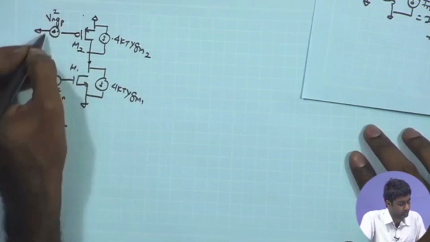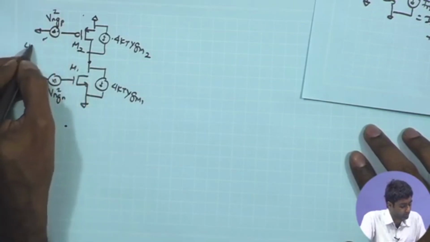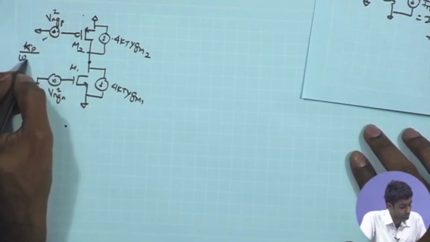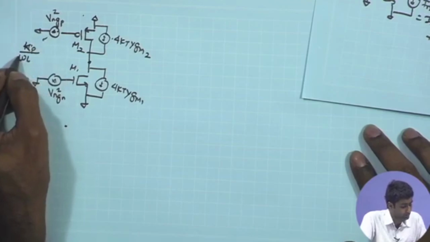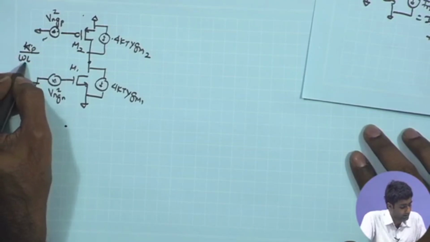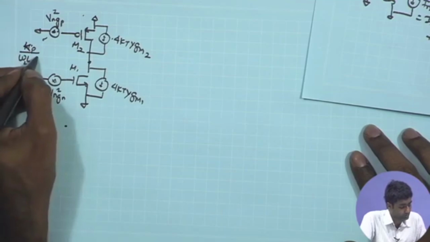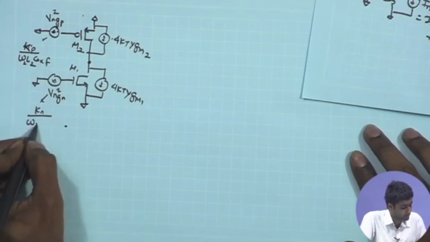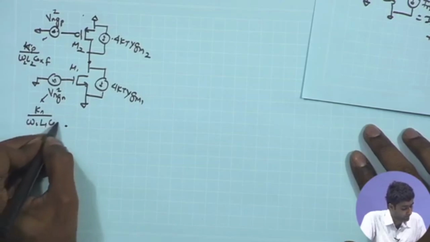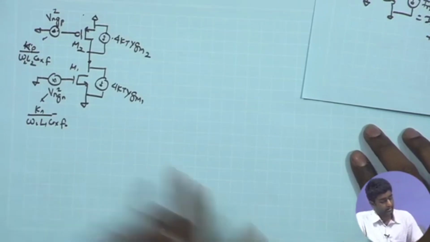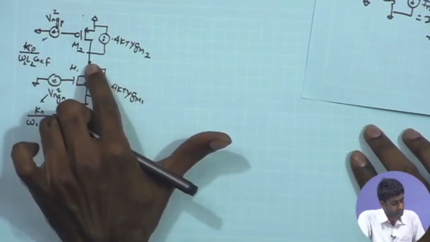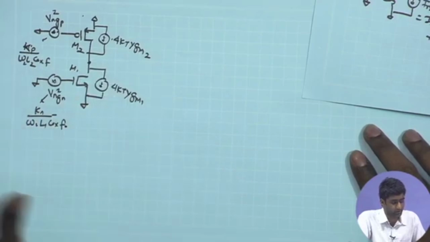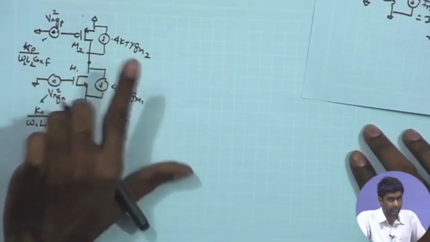Now, if you look at the Vngp square, we know that this value is Kp upon WL of P. So, I can call it W2L2 COX times F. Likewise, this is Kn upon W1 L1 times COX times F, and then I can translate these two gate voltages also into the channel currents, just like we did in the case of the passive load, by multiplying with the GM square.